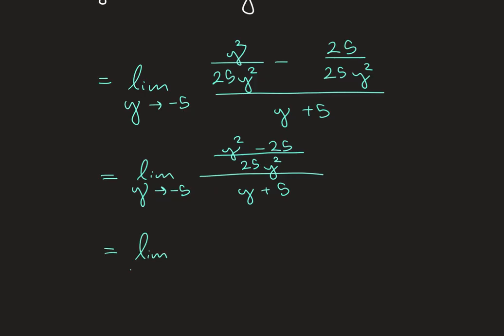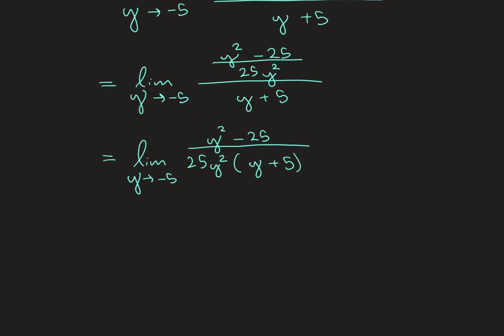That is the limit as y approaches -5 of y squared minus 25 divided by 25y squared times y plus 5. And again, because this is simply multiplying by the reciprocal, so in the denominator I have y plus 5 over 1, multiply by the reciprocal, and multiply across.